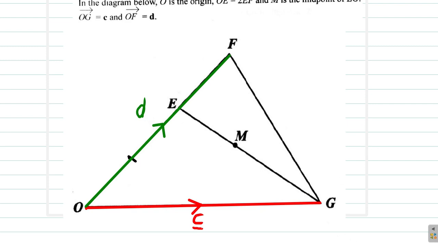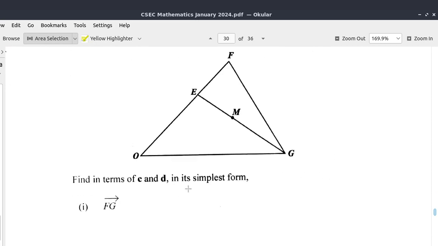Now, what do they say you're supposed to do? Find in terms of C and D in its simplest form. That means the only letters that should be there are C and D, no other letter. You can have numbers there. C with numbers, D with numbers, or C and D with numbers, but no other letter.